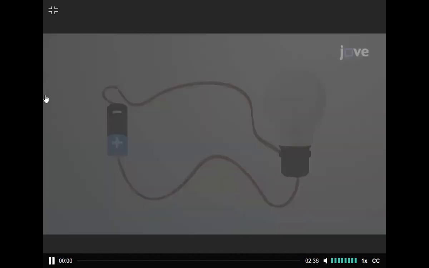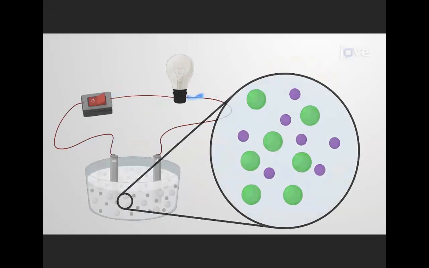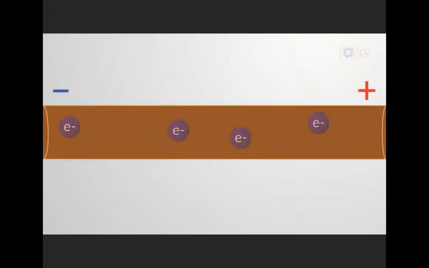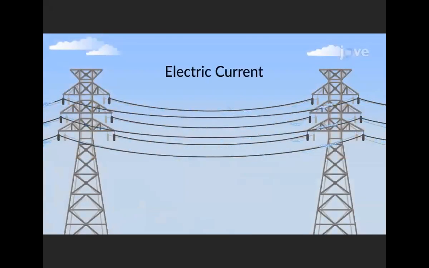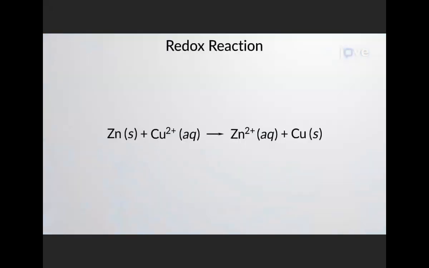My bad. When electrons flow through a wire or ions flow through a solution, they generate electricity. This flow of electrons, or more specifically, electric charge, is defined as an electric current. But what causes the electrons to flow? Consider a redox reaction between copper and zinc.